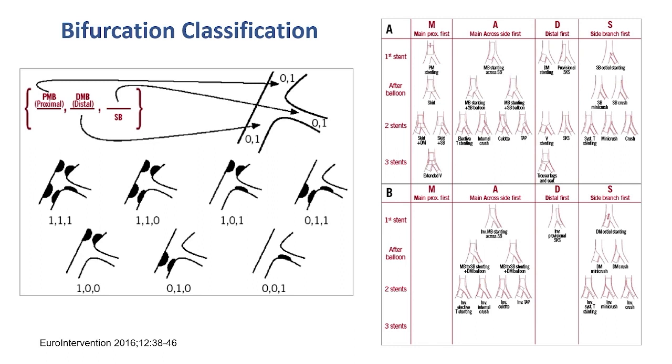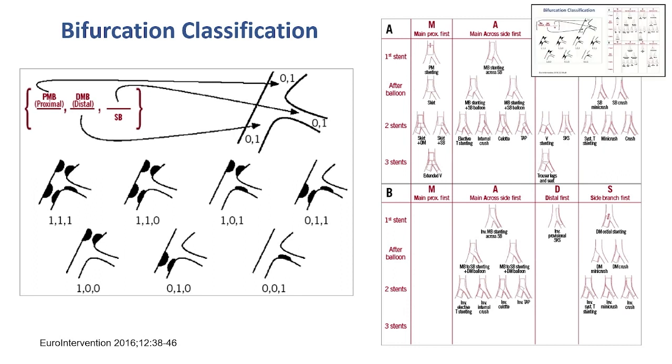This is a little more complex classification, and I do not want to go over that classification because it will complicate your life. But you have to know an additional two things. One of them is the angle that these side branches come out.